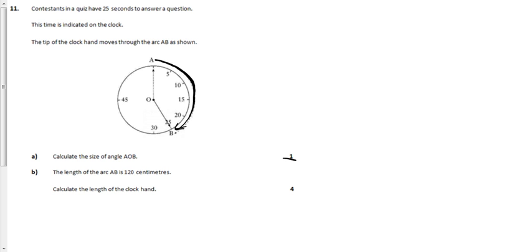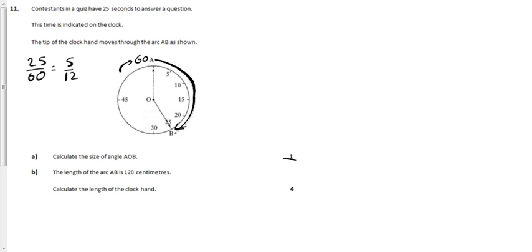Well, I suppose there's a couple of ways you can do this. It went through 25 out of 60, since there's 60 seconds in a minute, and simplifying that fraction either mentally or using your calculator, since it's a calculator question, gives me 5 over 12.